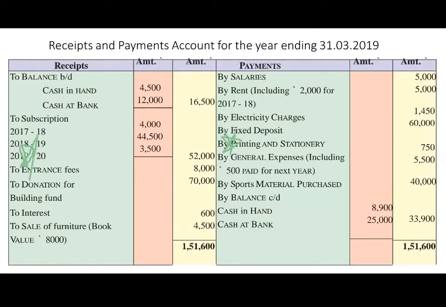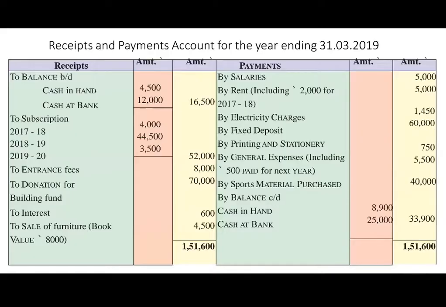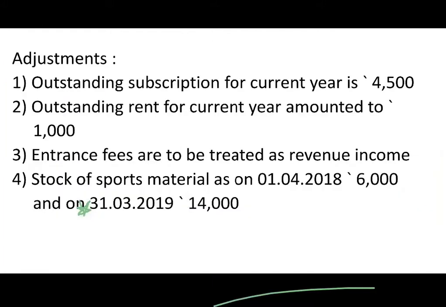Now the next adjustment is on entrance fee. Where is the entrance fee? Here, so you will star mark your entrance fee. And the next is stock of sports material.